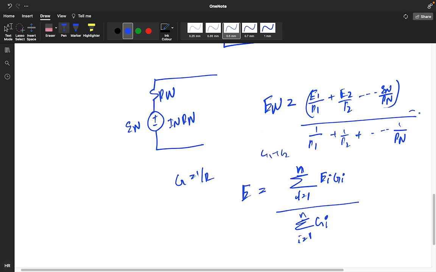That means E1 by R1 plus E2 by R2 plus dot dot dot En by Rn can be written like this. So this is nothing but your Millman's theorem. This was the Millman's theorem.